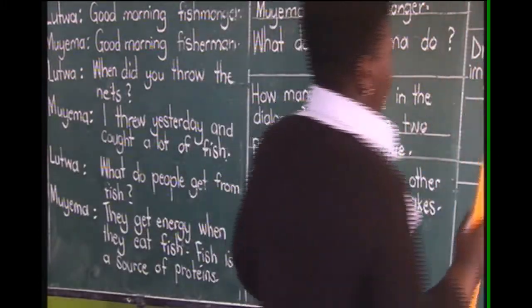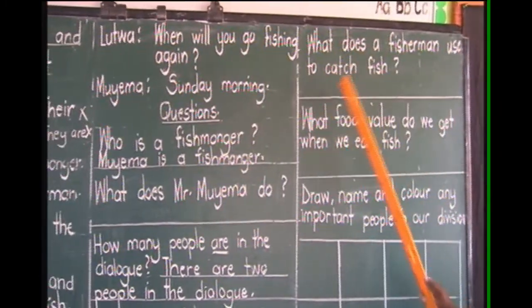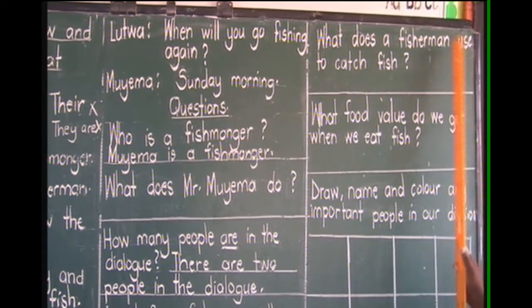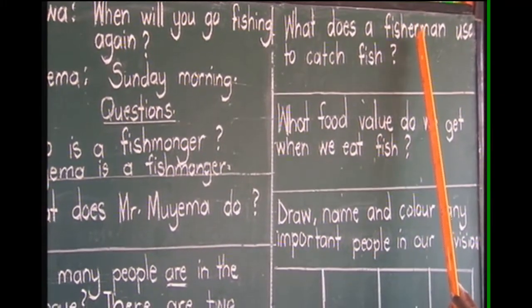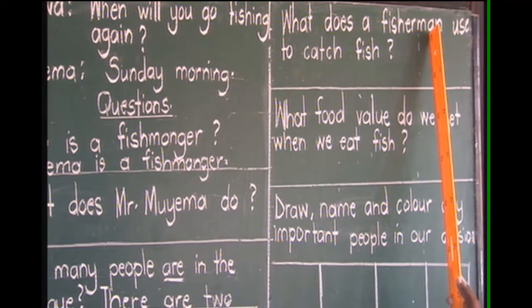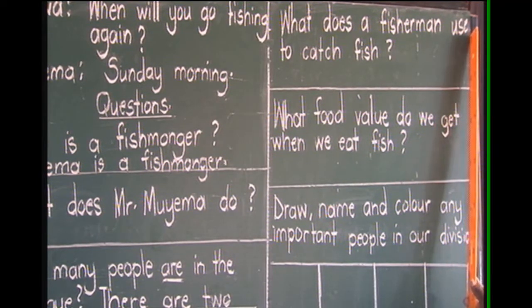The next one says, what does a fisherman use to catch fish? A fisherman is one person, so we shall say a fisherman uses. We don't say a fisherman use.